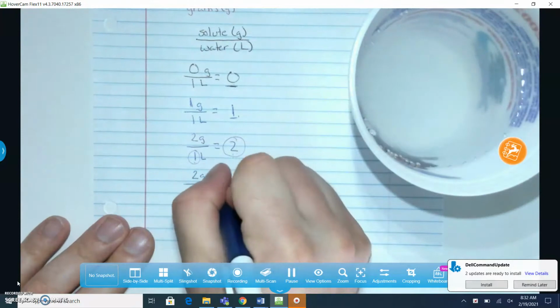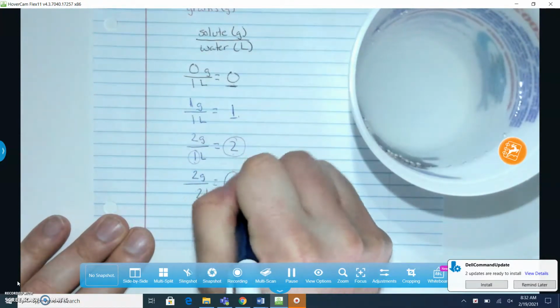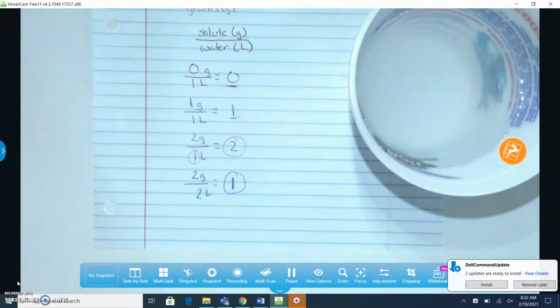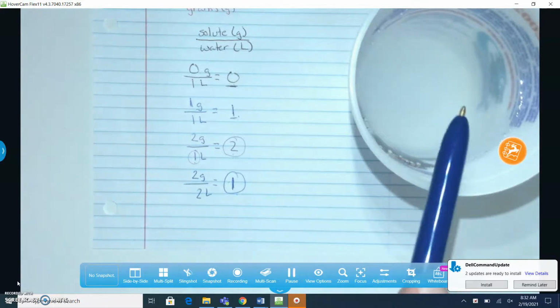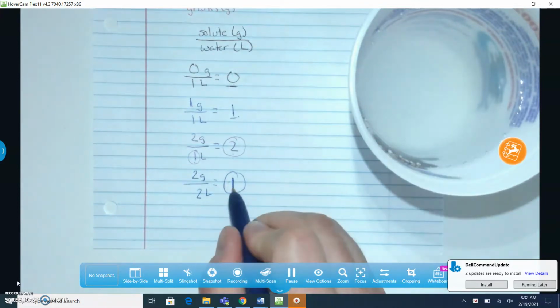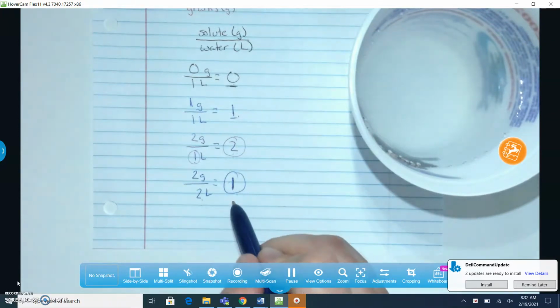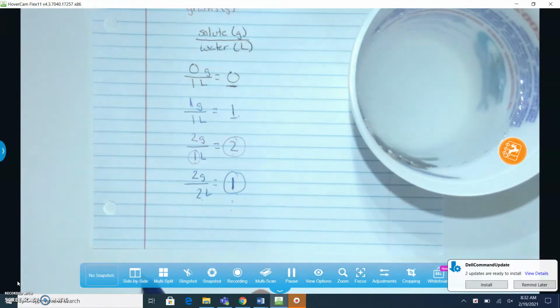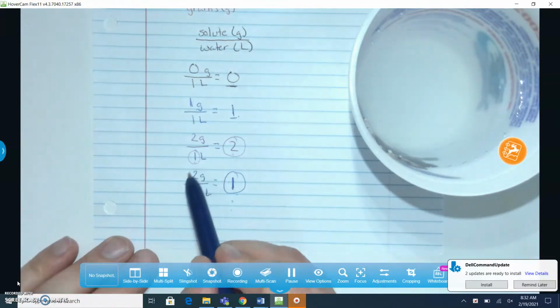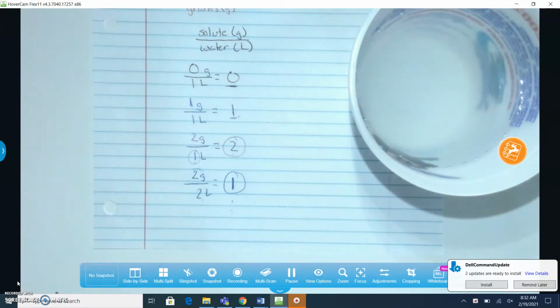So my concentration has decreased back to 1. Now this water is going to taste less salty as we decrease our concentration. Since there is salt in this, I will never be able to get this all the way down to 0. But I can continue adding water and water and water, getting it closer and closer to that number. But it never will actually be 0 because this number up here, it's not 0.